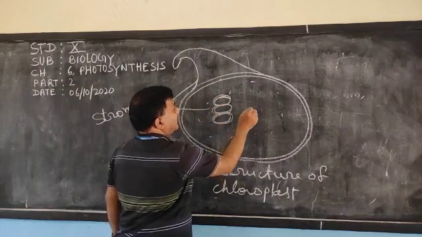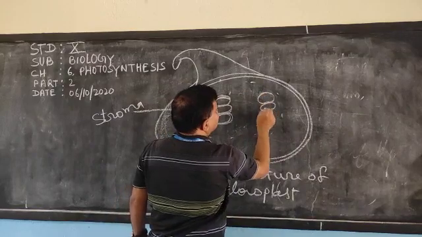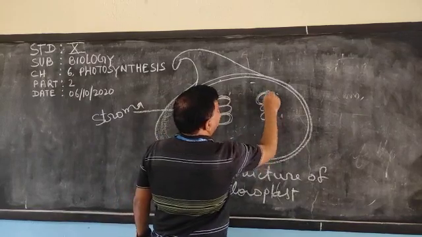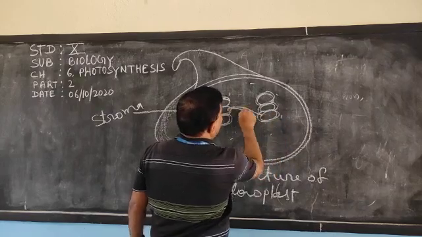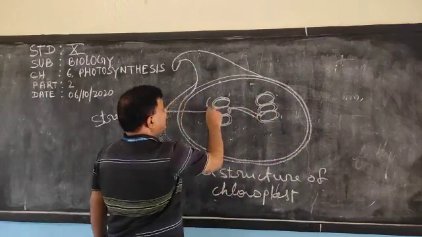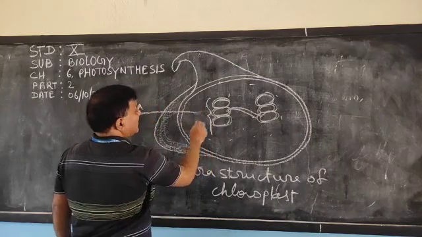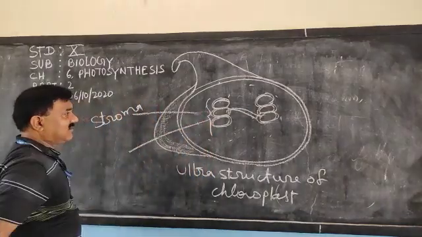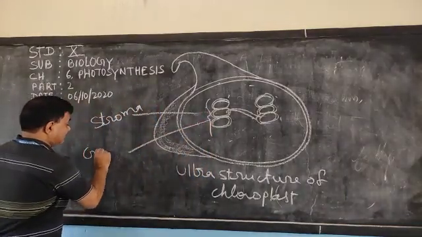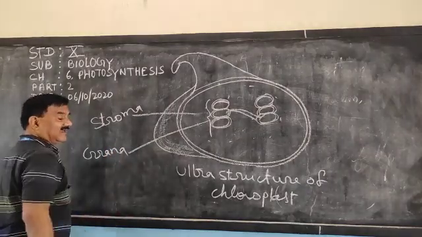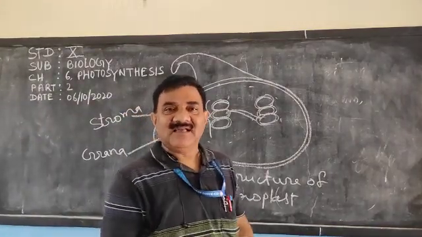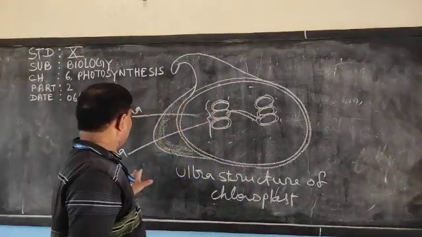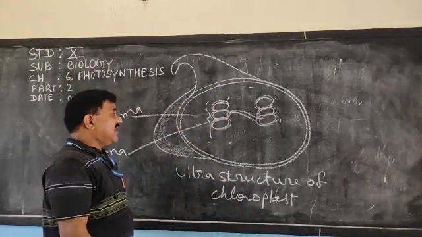The whole matrix is filled with such rings, and these are called grana. Don't be confused between grana and granum. Grana is the plural and granum is singular.